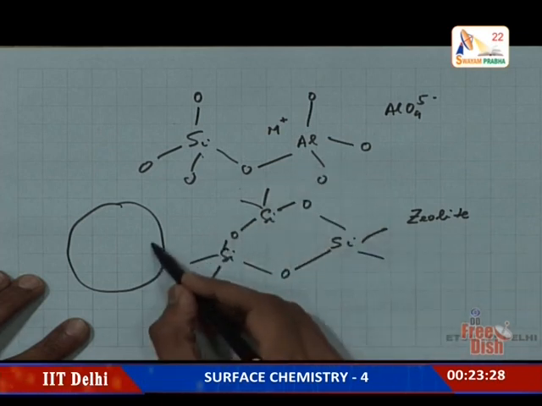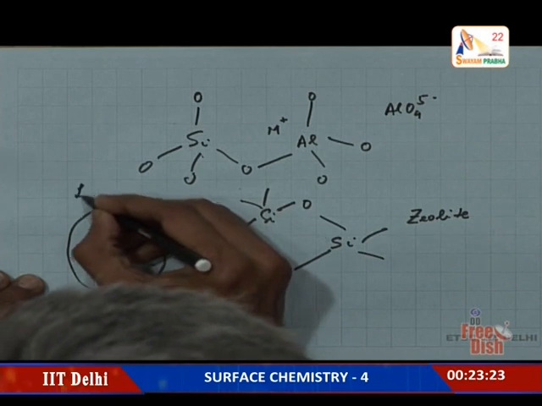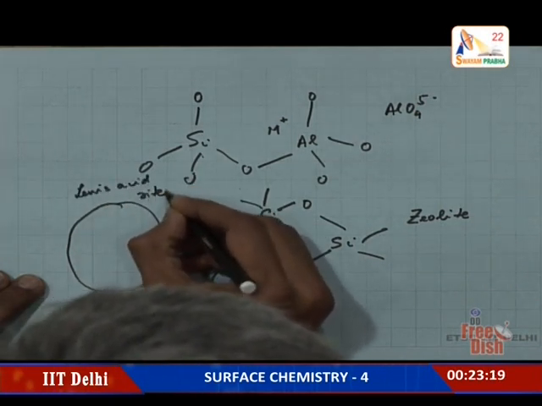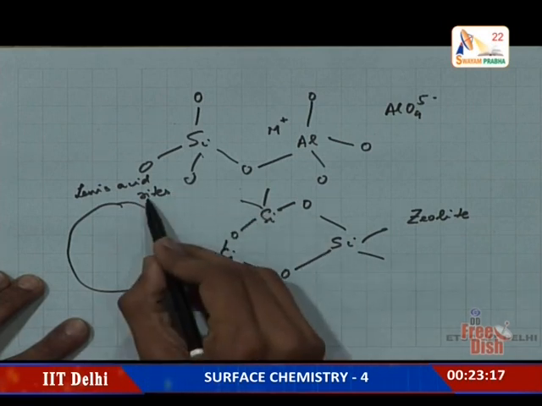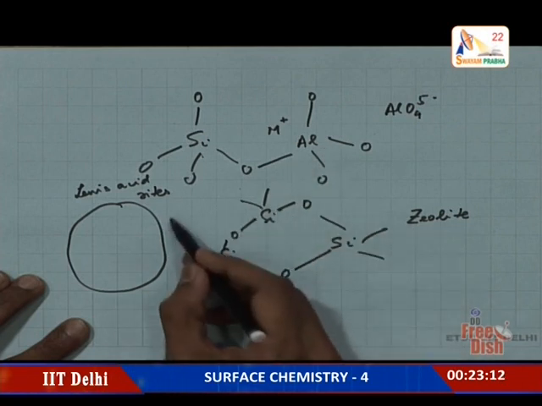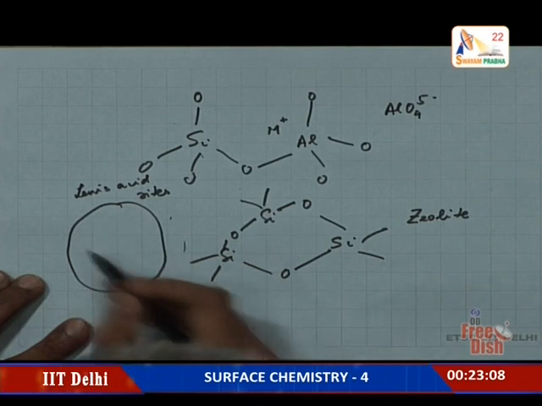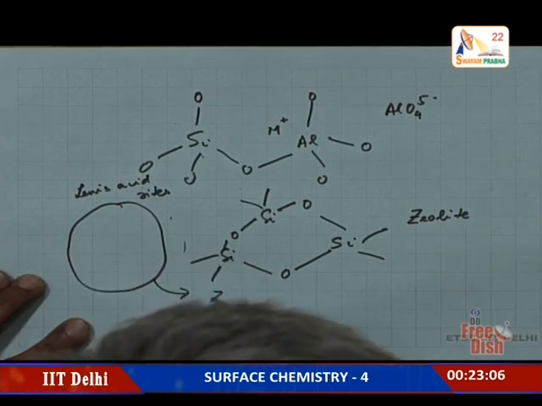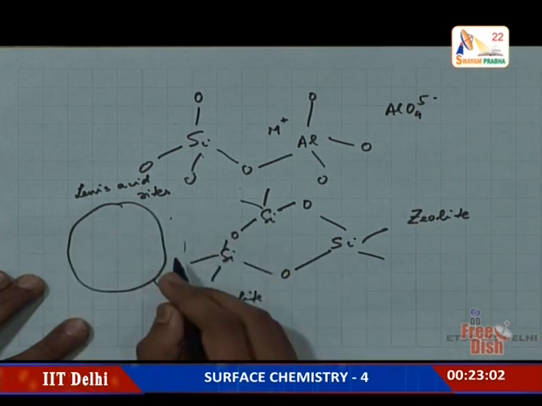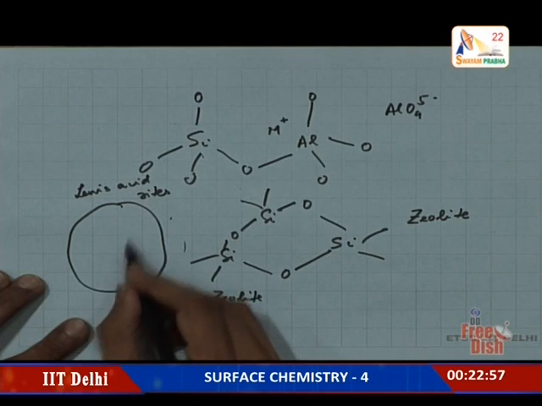So, the silica alumina network that you have got has Lewis acid sites, and these Lewis acid sites arise as a result of the aluminum which is outside this framework. So, these are your zeolite structures, and they form cages which trap reactants.